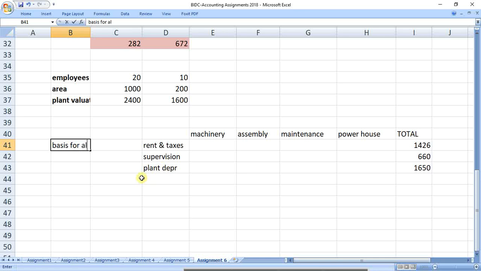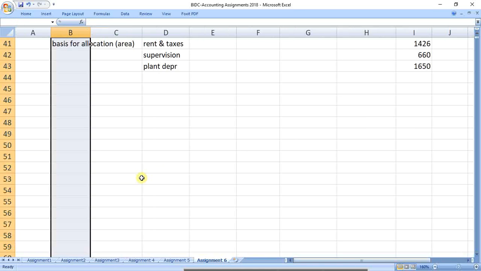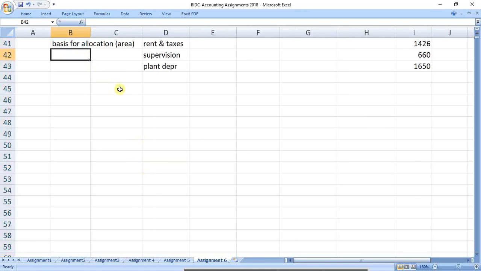So basis for allocation? Area. Right. What basis of allocation are we going to use for the supervision? Who gets supervised? Exactly. So let's write that down. Employees. Okay.